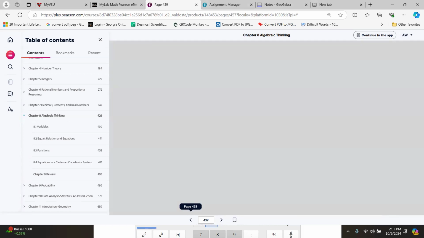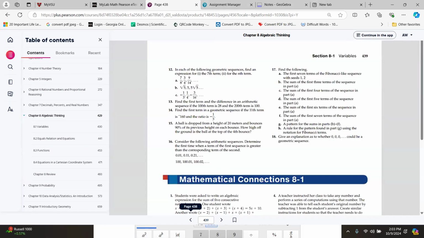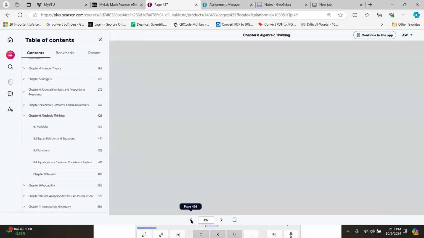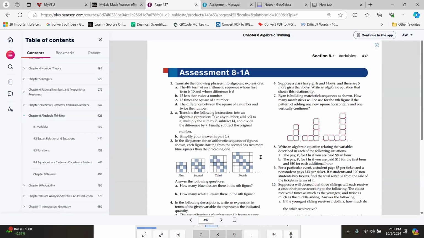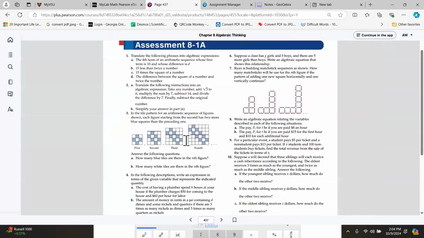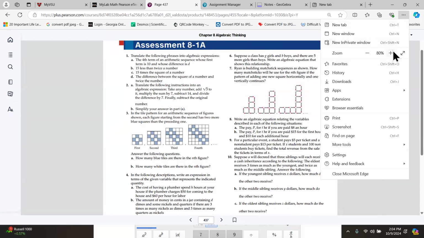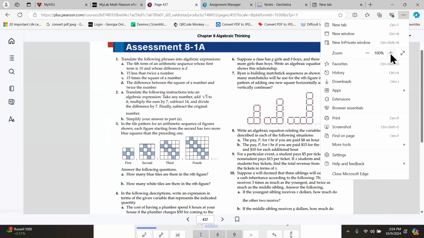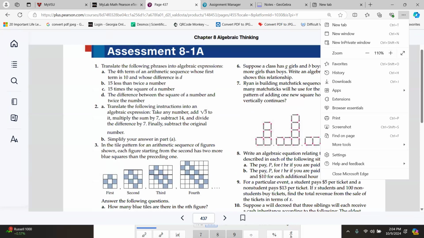I have assigned some problems from chapter 8, section 1. I'm going to do mostly A and B is parallel. And you're going to see algebra is about patterns. So there will be some pattern problems similar to the ones we have done in chapter 1. Okay.